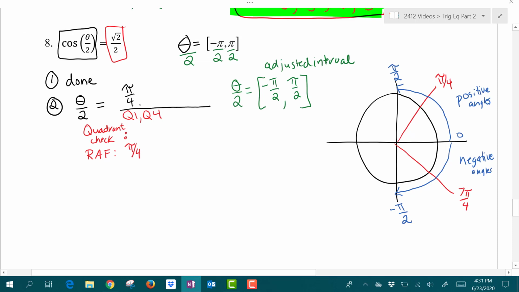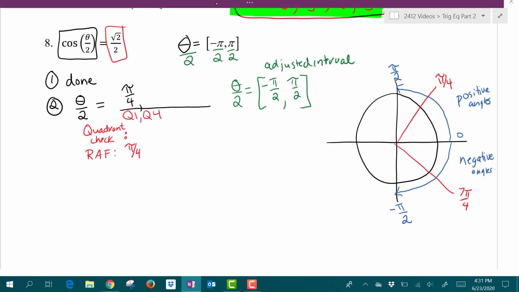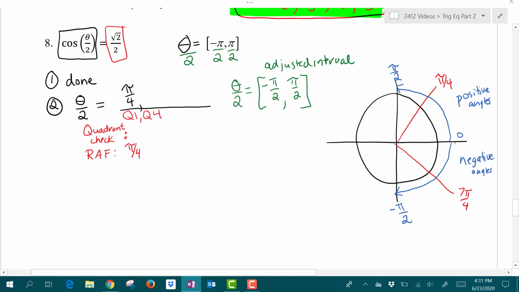That's a positive angle from quadrant 1. But how do we think about 7 pi over 4 in the negative sense? Well, I'm going to start at 0, and I'm going to go back in that negative direction, pi over 4 units. So that's actually going to be negative pi over 4. In other words, what we want is a negative coterminal angle.